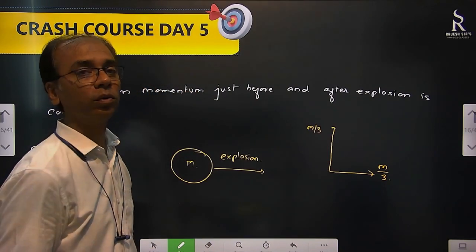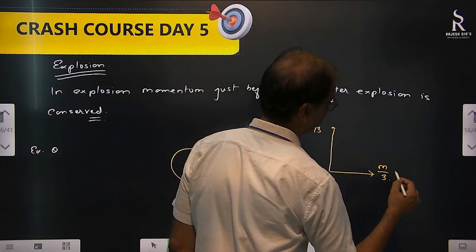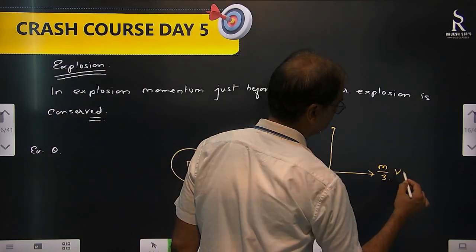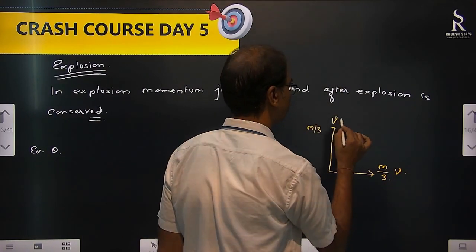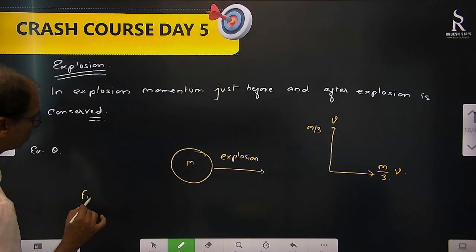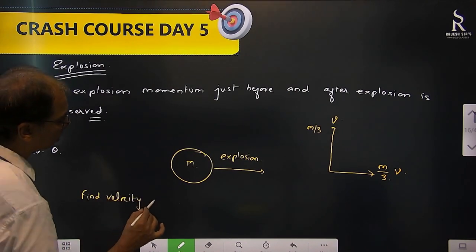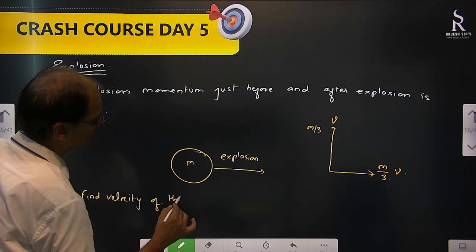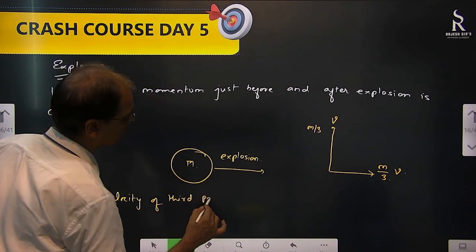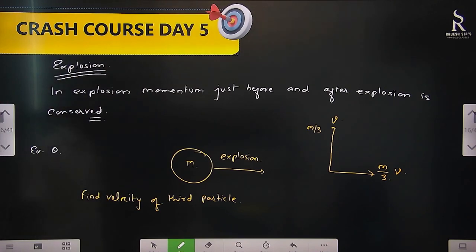We want to know where the third m by 3 is going. Let's assume the velocity of each of these is v. The question is asking us to find the velocity of the third particle.